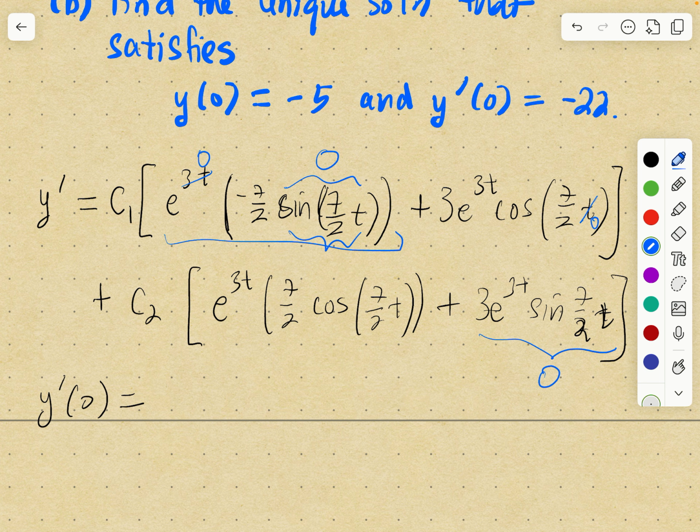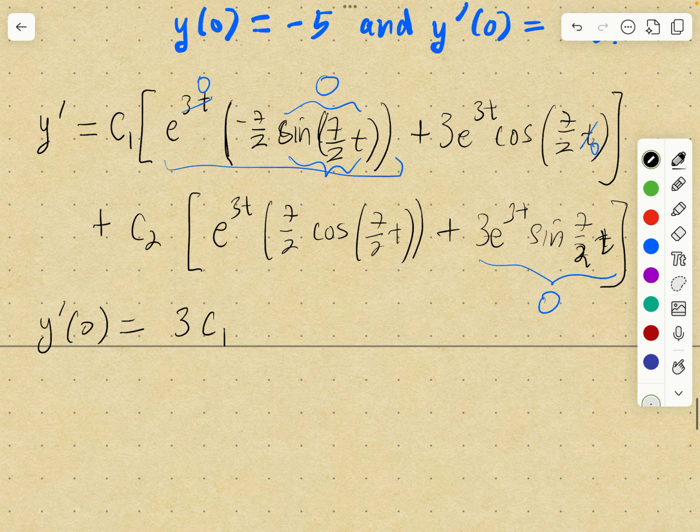Cosine of 0 is 1, so you get 3e to the 0, which is 3. So I'm just going to be left with 3c1 for the first term. And then for the second term, when I plug in t equals 0 here, I'm going to get 1 times 7 over 2 times 1.